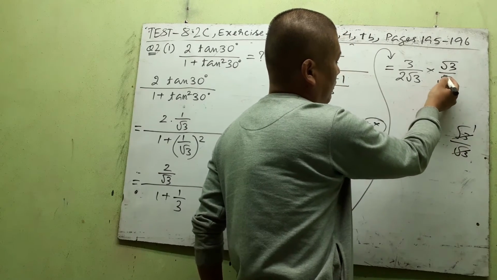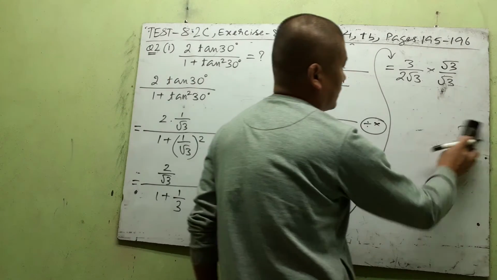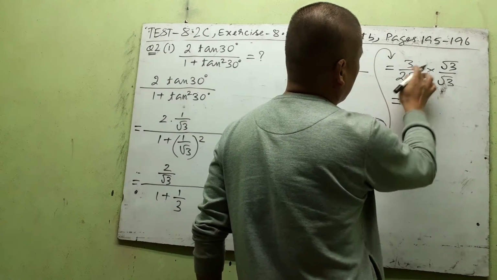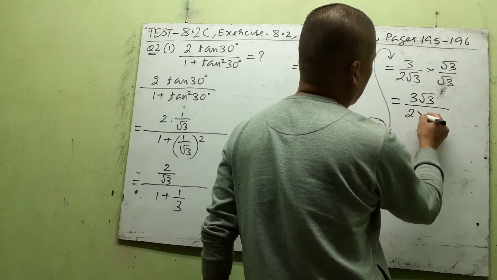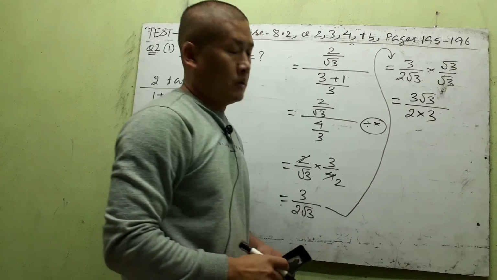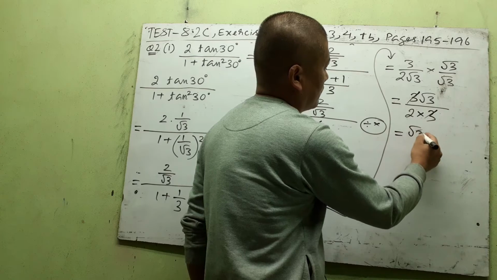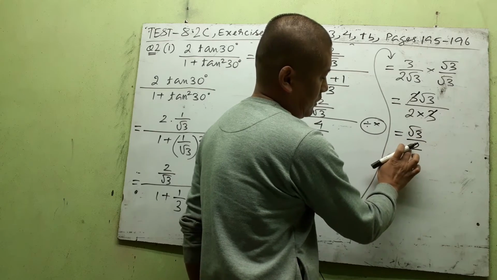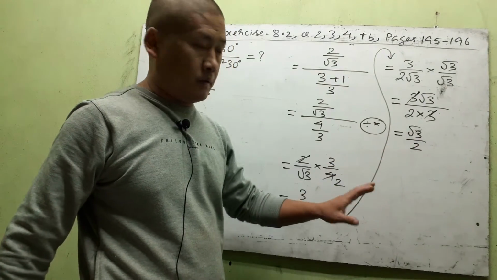So we're multiplying by 1, which means the equal sign is not affected. So next, 3 into root 3 is 3 root 3 divided by 2 into root 3 into root 3, which is 3, right? Then this 3 and 3 cancel. So root 3 by 2 with no irrational number in the denominator. That's how we write our answer normally.